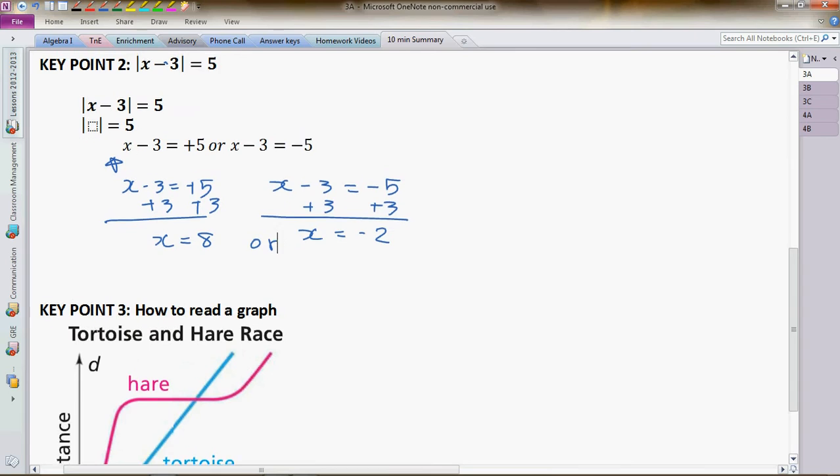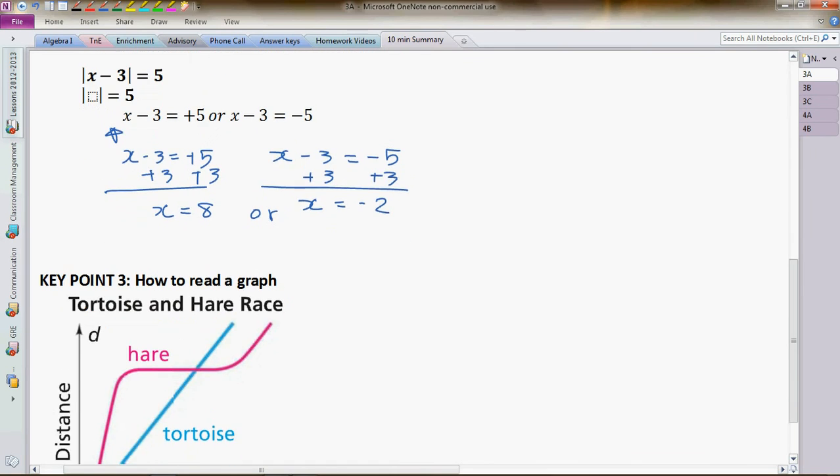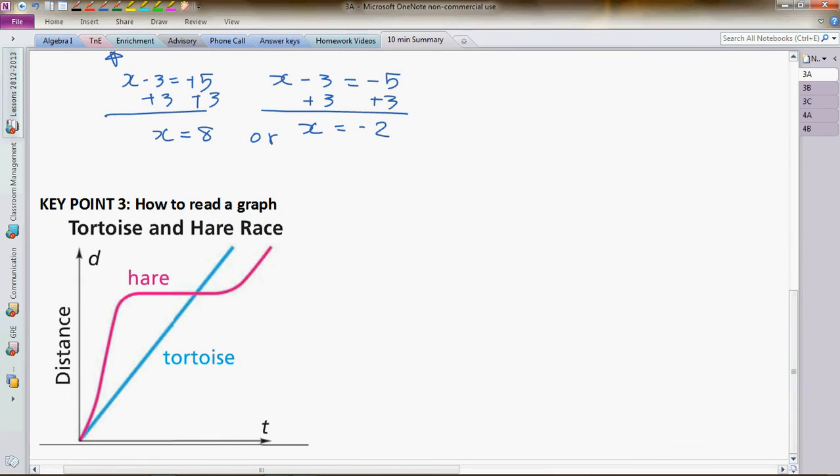And if the number on the other side is negative, then there is no solution, because what number can you put over here if the answer is negative 5? Absolute value is a distance, so it doesn't make sense to say the distance is negative.